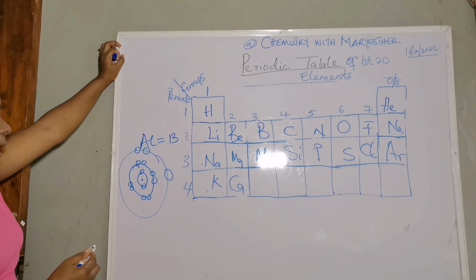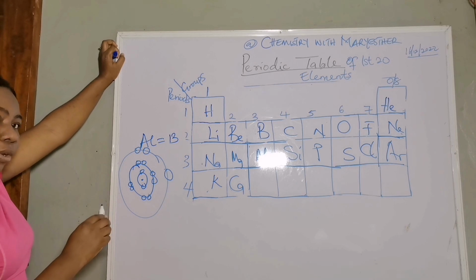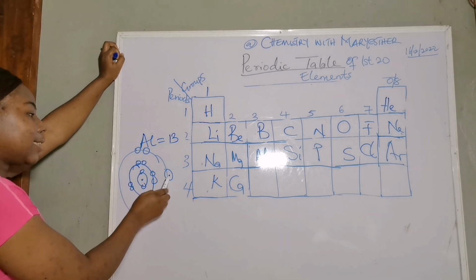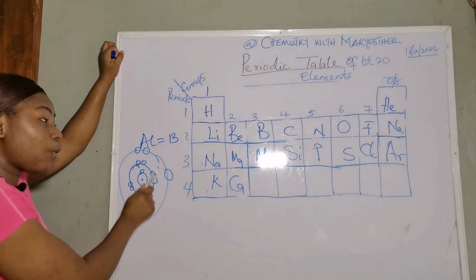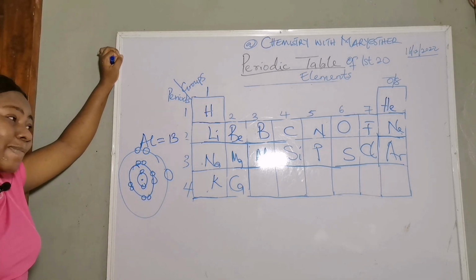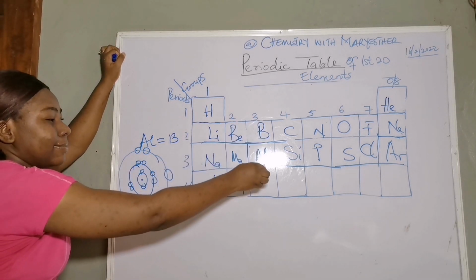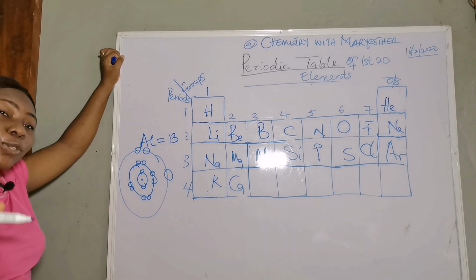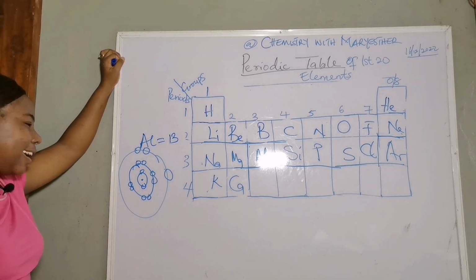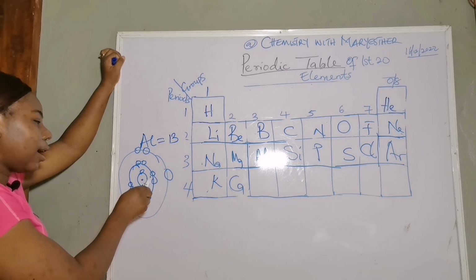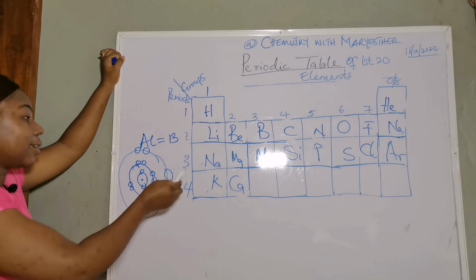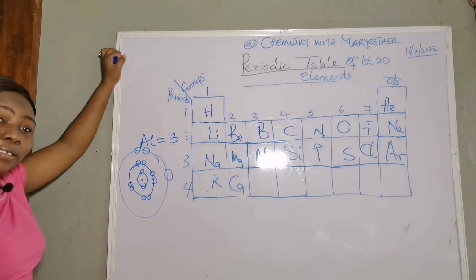Let's take for instance, number of electron in the outermost shell of aluminium is what? 1, 2, 3. So group what? 3. Now, how many shells does aluminium have? It has shell 1, shell 2, and shell 3. Meaning period 3.